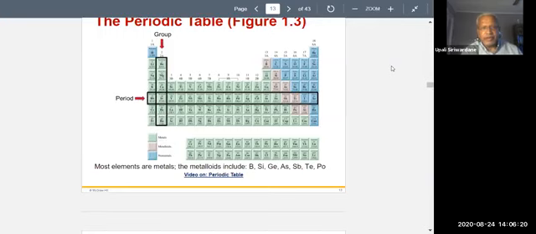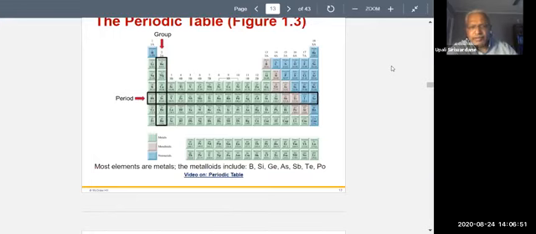The fundamental building block of matter is an element, with certain properties and certain fixed characteristics. We classify these elements, the building blocks of matter, in a table called the periodic table.